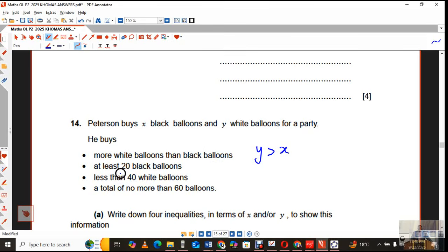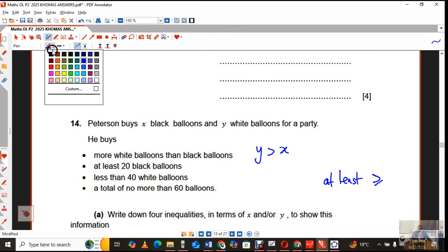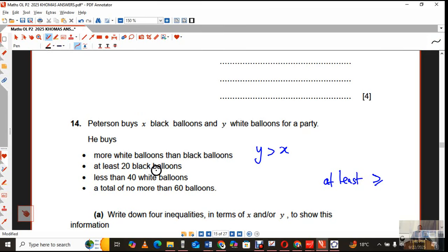At least. Now, at least, very important that you know, at least means it can be more than or equal to. Give me at least $5, it means you can give me more than that, okay? So at least 20 black balloons, so X should be at least 20. Then the next one they say, less than 40 white balloons.